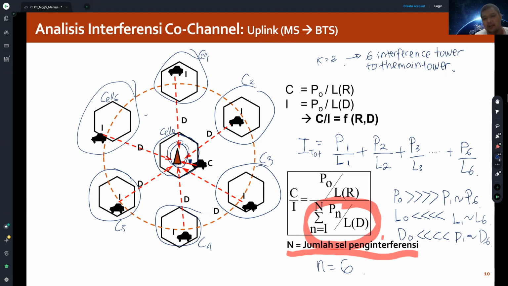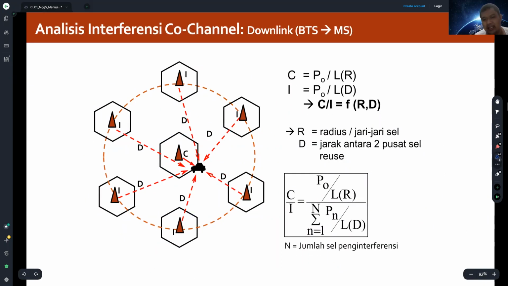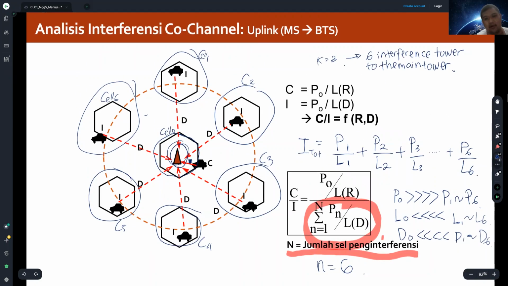If we are talking about uplink, the interference comes from other users to the initial tower. However, if we are talking about downlink, the interference happens from another tower compared to the initial tower. So that's the only difference between uplink and downlink.